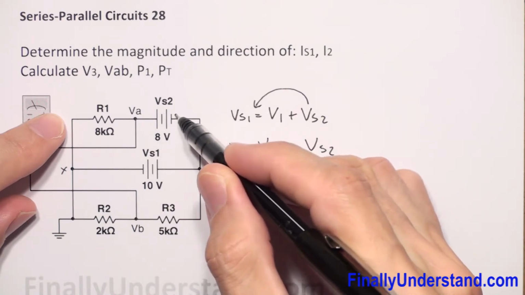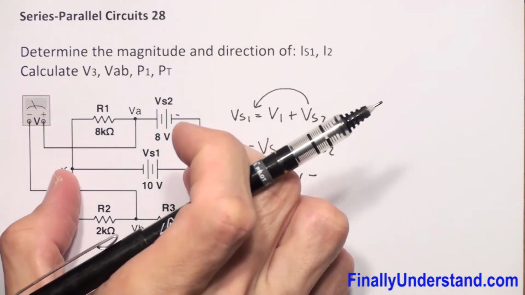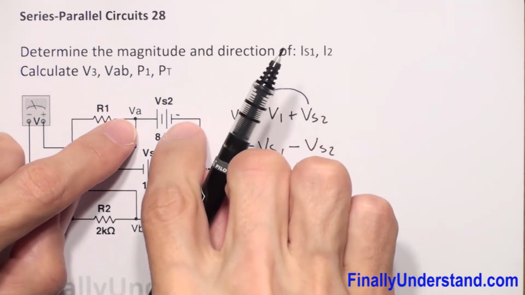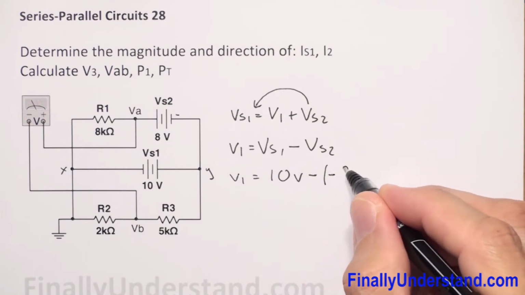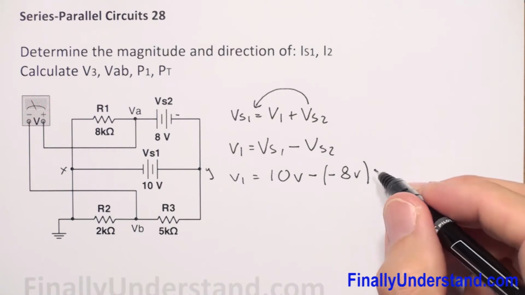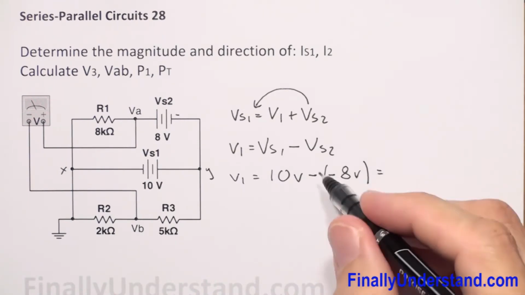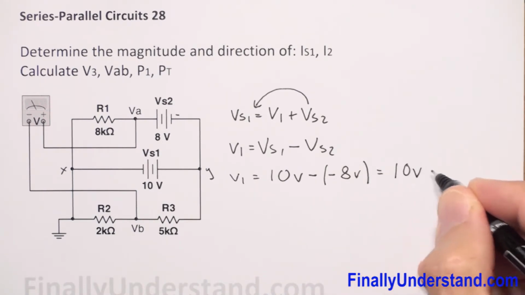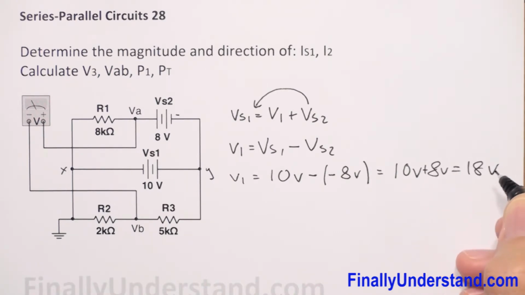What I see over here first is negative. So this is voltage source 1 minus this voltage. From this we have to subtract this, so I have a negative voltage over here, so this is negative 8 volts, and this is going to be equal to, negative times negative gives me positive, so this is 10 volts plus 8 volts is equal to 18 volts.